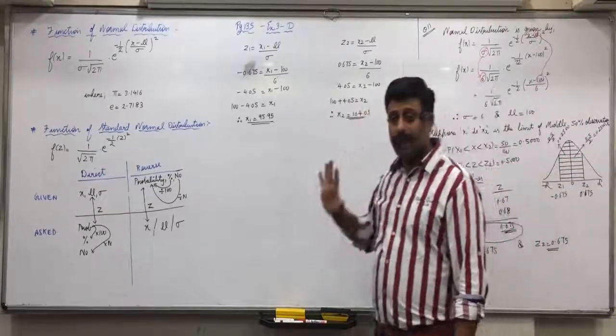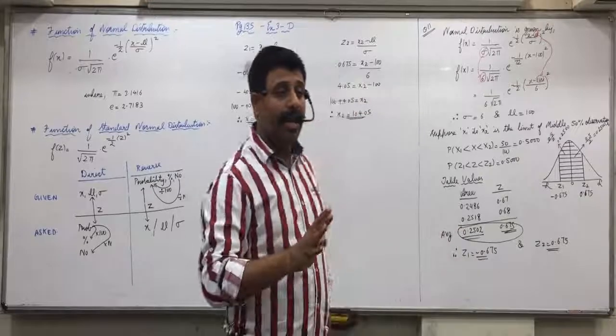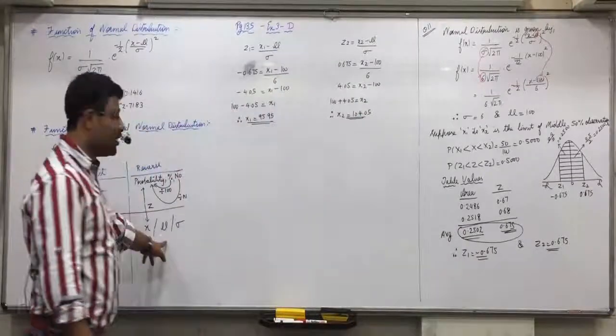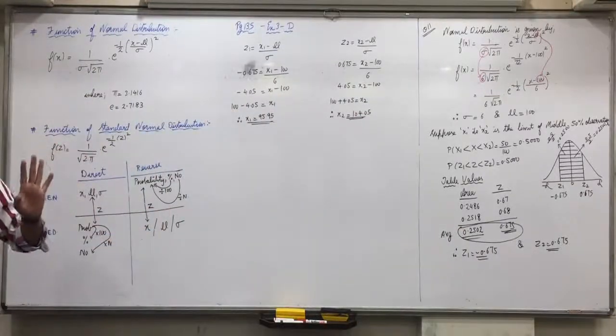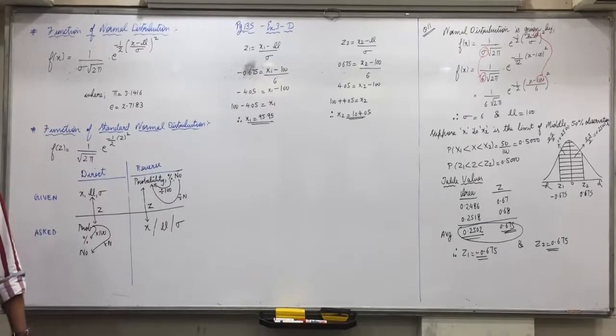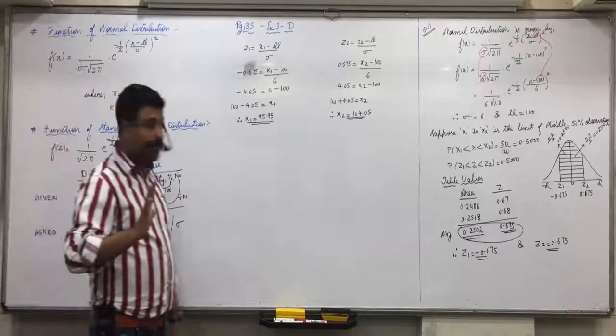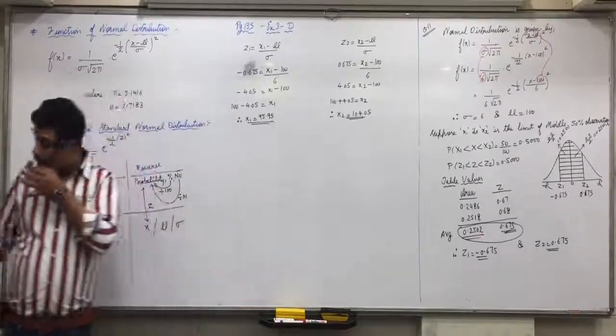The last part is very simple: apply the formula of z, and whatever information is missing, one of the 3 can be obtained. The most important is that middle part, how to go in reverse, and from probability how to find the value of z. So if you lack confidence, practice those 7 situations rigorously again and again. If those 7 situations are clear, plus those 9 done in the beginning, then any question of the chapter can be solved. Is everyone clear with this? Now look at question number 12.